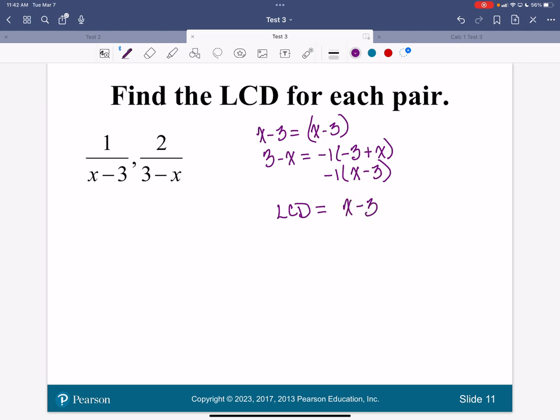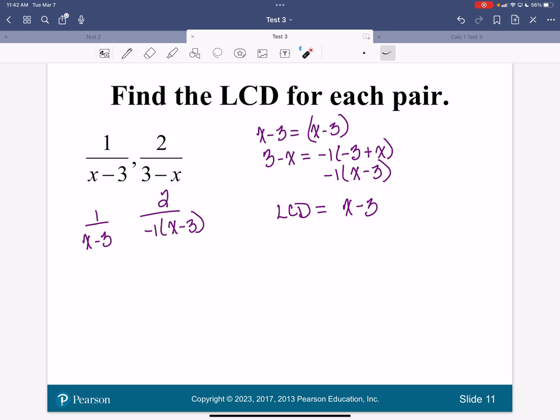Let me show you the reason for that. So I've got 1 over x minus 3. And then I've got this right here, 3 minus x, which is the same thing as negative 1 times x minus 3. Then I've got my 2 up here. Am I allowed to take this negative and move it to the top? I am.